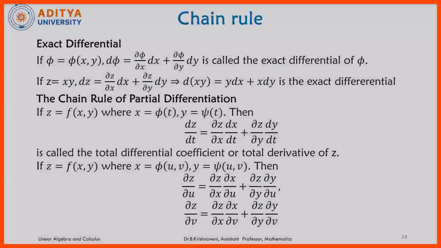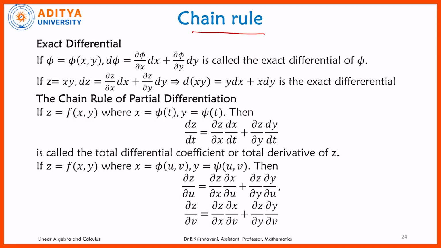Now next is about the chain rule. In this we will learn about chain rule and total derivative. So first let's start with exact differential. If we consider the function phi of x, y, d phi is equal to dou phi by dou x into dx plus dou phi by dou y into dy. We call this the exact differential of phi.